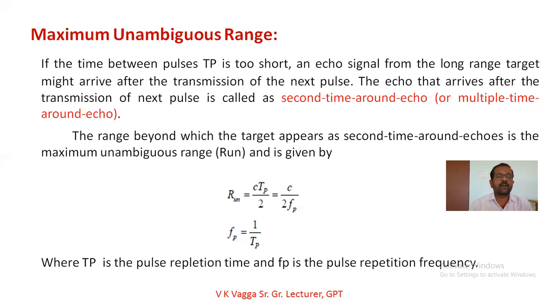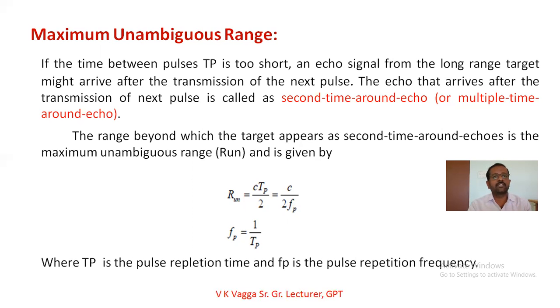And if it comes after the allotted time, it is called the second time around echo. After transmitting the second pulse, it receives the reflection of the first pulse. Understood? After transmitting the second pulse, it receives the echo of the first pulse.